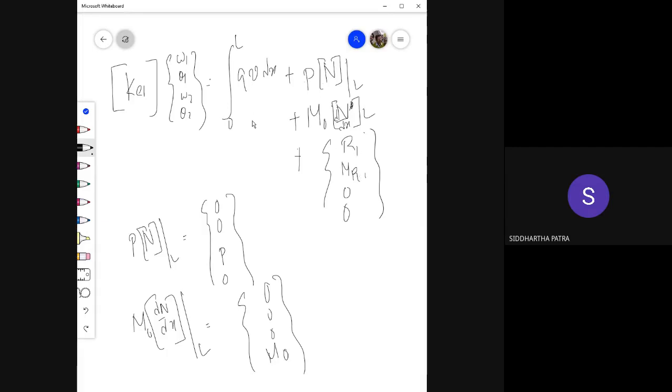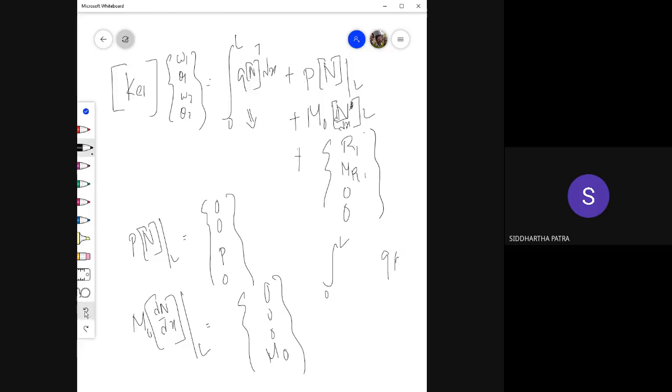So we only need to take care of this part, the distributed load. And as you may have already figured out, this is not going to be V. V should be replaced with N transpose V transpose. So this is going to be Q times N transpose. Now this Q can be a general function of x or xi.